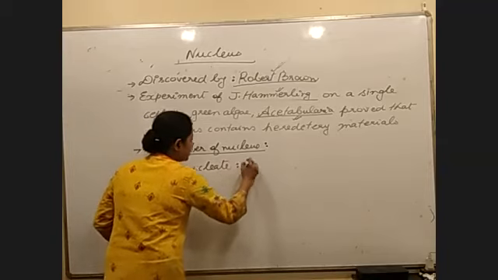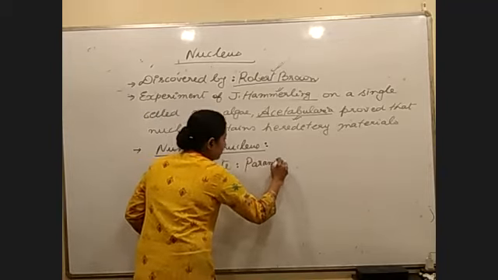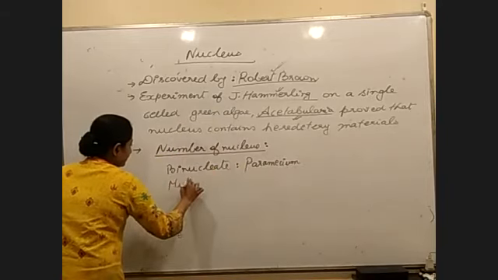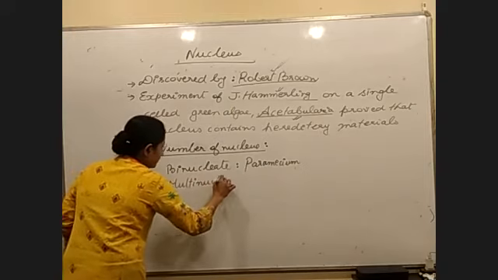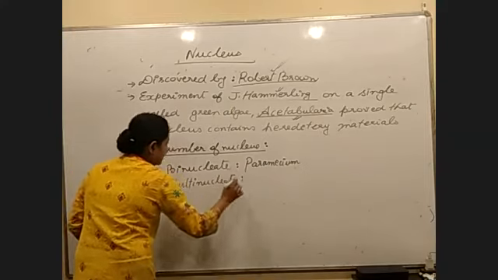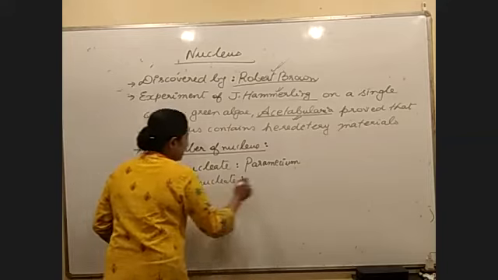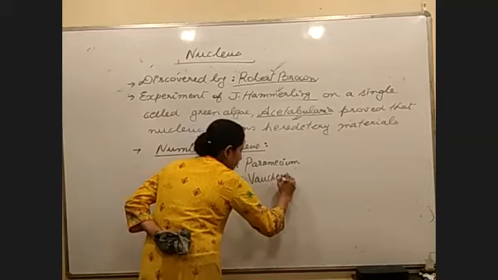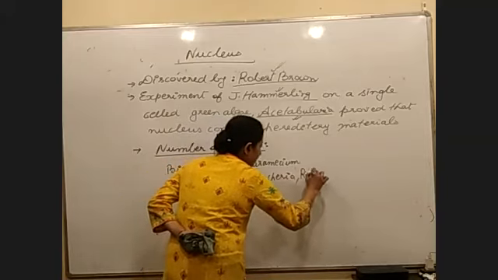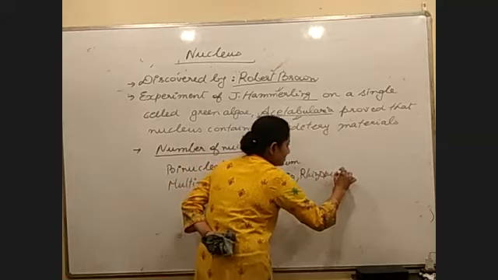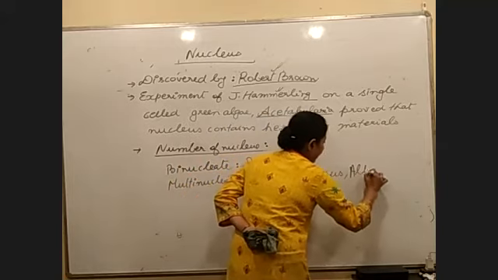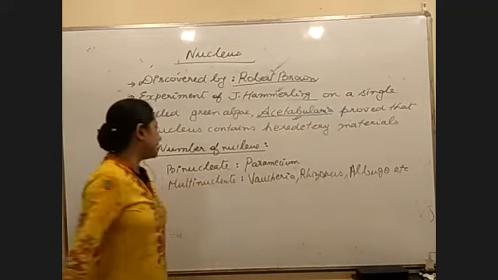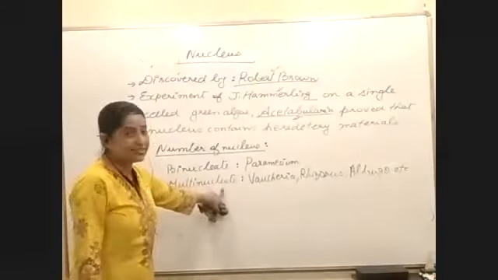Binucleate in case of Paramecium. Multinucleate in case of examples like Vaucheria, Rhizopus, Albugo, etc.